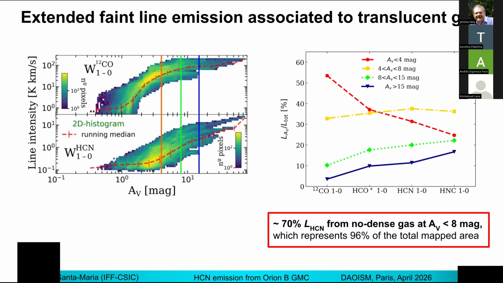That's the question. I'm not sure. So I know that 70% of the total luminosity is not in the dense gas. 30% is in that low branch. So it would have to be there.